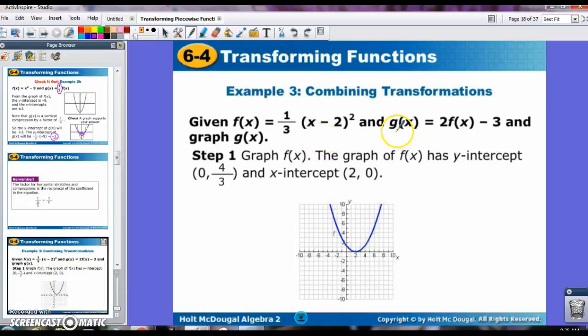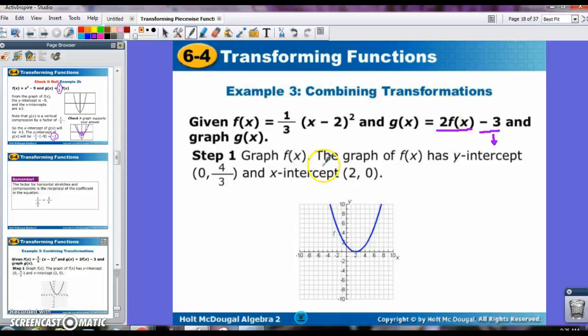And then we have this function g of x, which is 2 times f of x and then -3. So this 2 times f of x means I'm doing a vertical stretch of 2. When I tack this -3 on the end, that means I'm doing a vertical shift down. So that's shifting it down, but this 2 is a vertical stretch.